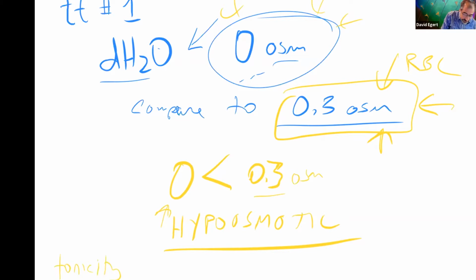If I have a cell in a hypoosmotic solution, which way does the water want to move? Into the cell. The water always goes to where there's more solute. So this is going to be hypotonic, and water moves in.